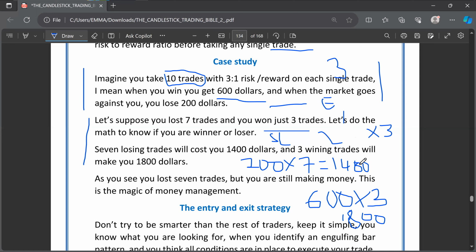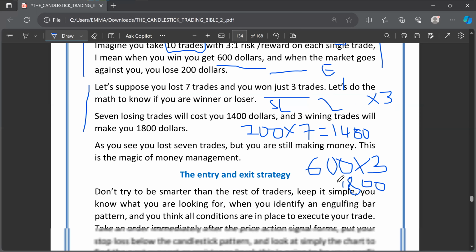Even though there are 7, your losing is high. Yet you won only 3 trades, and you are gaining 1,800. So you realize that even with few winning trades, you are still gaining more than what you lost with a high number of trades.